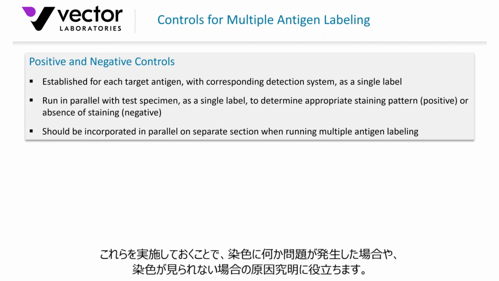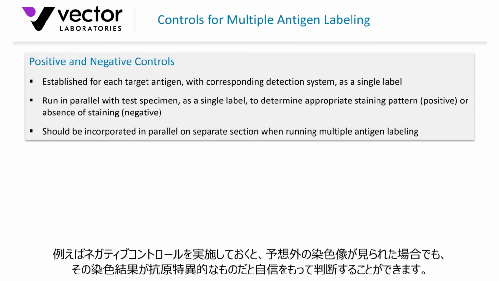And these should also be incorporated in parallel when you do the staining in your multiple antigen labeling, because if anything untoward arises, maybe you see an absence of staining, you can always go back and refer to these controls, positive and negative. And indeed, with a negative control, if you do get an unusual result, is that true? Is that accurate?